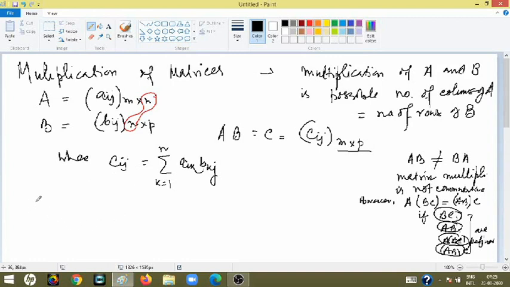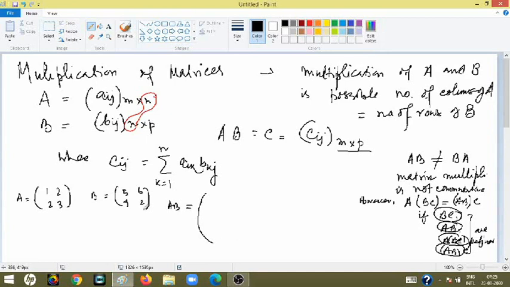Now let us see with an example. A equals, say, [1 2; 2 3], B equals [5 4; 6 2]. Now what is AB?